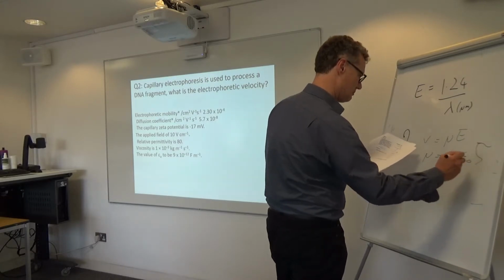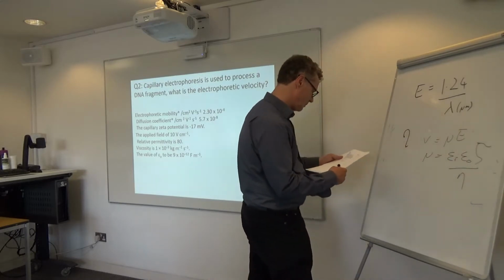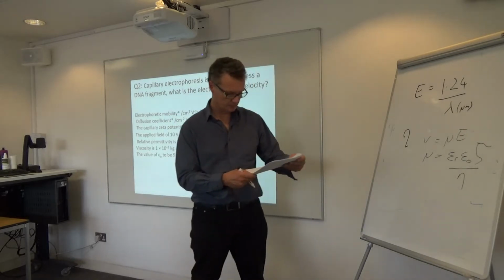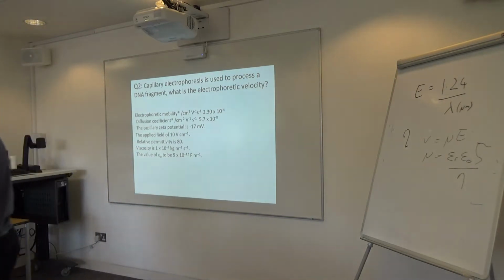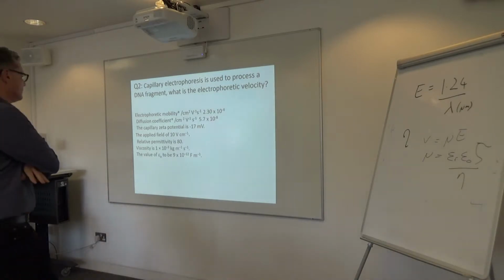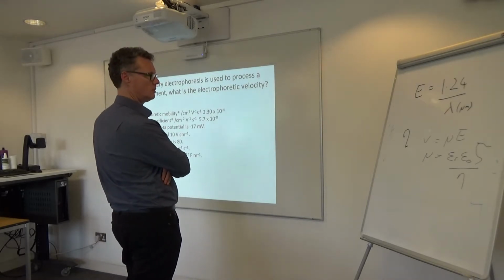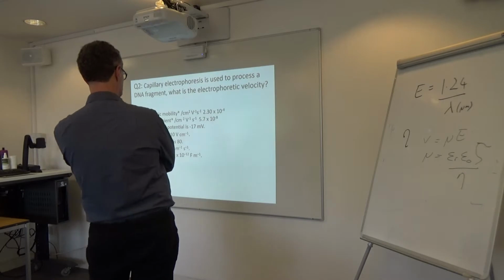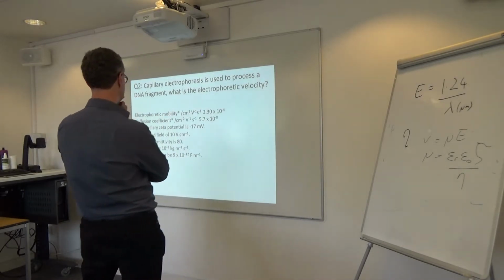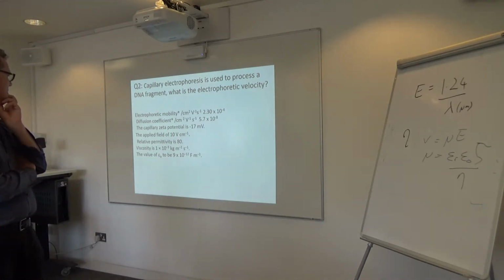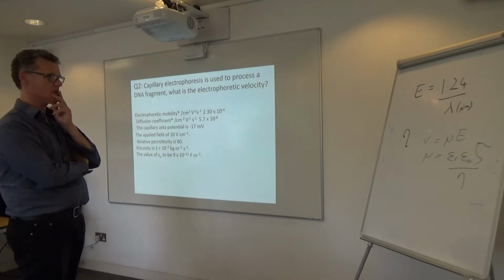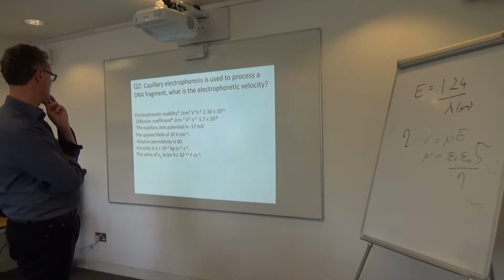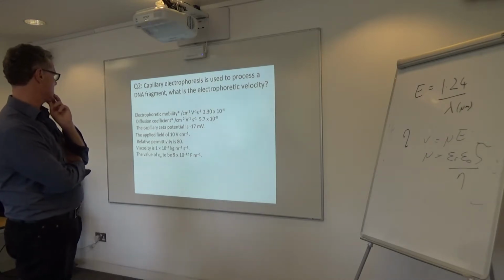How do I draw that? Or am I going to need the previous one? You've got zeta potential, and that was exponential, and you've got viscosity in there.